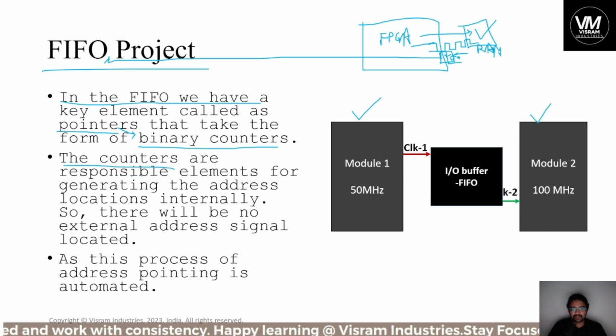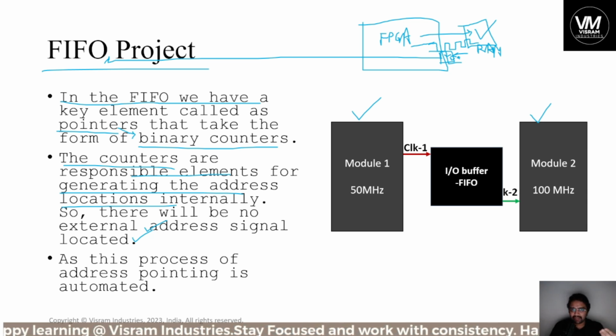So those pointers can be represented with binary counters. The counters are responsible elements for generating the address locations internally, so there will be no external address signal. Usually in memory designs, we include the memory location through the user interface, or we manually decide what memory location we need to access for the data.